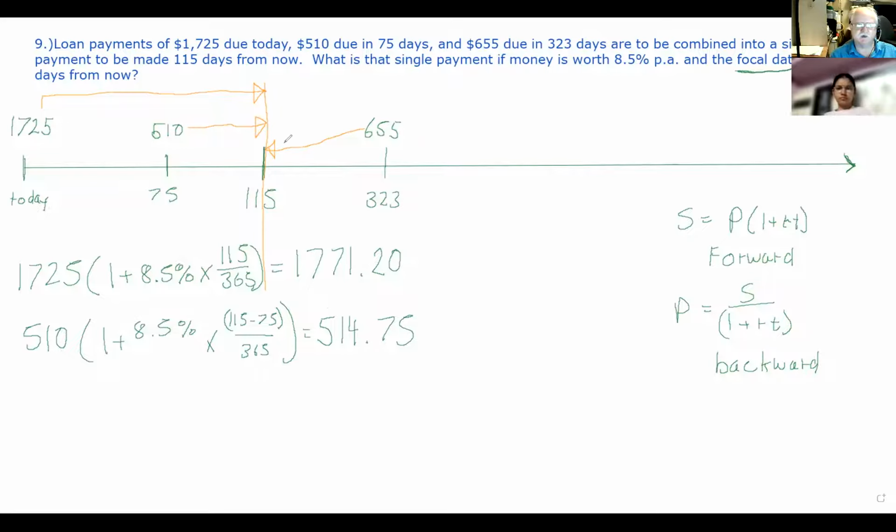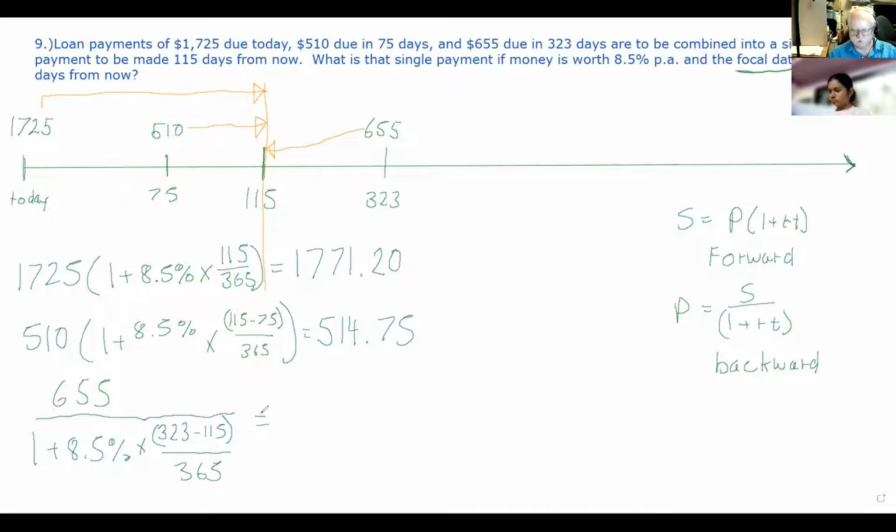This 655 has to go backwards. So it's going to lose interest. So we've got 655 over 1 plus 8.5% times, and we don't know how many days it's going to go back. It's going to be 323 minus 115 over 365. And let's see what that would be.